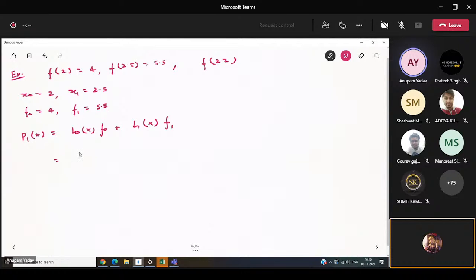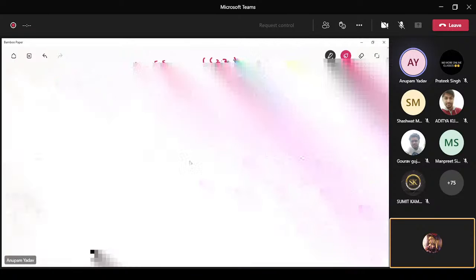L naught x is nothing but x minus x1 divided by x naught minus x1, into f naught, plus L1 will be x minus x naught divided by x1 minus x naught, into f1.